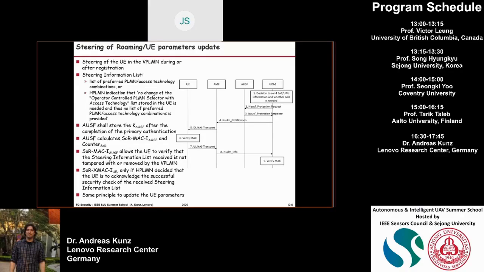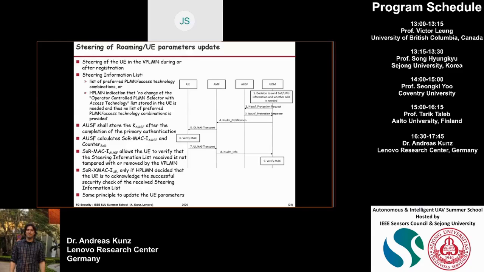So for this reason, the AUSF uses the stored KAUSF to compute a kind of message authentication code for integrity, and also has a counter for that, which is counting the messages to be sent. The UDM will then use a key derivation function with the key and the message content in order to generate this MAC-I.